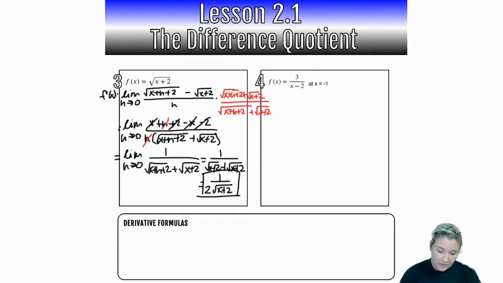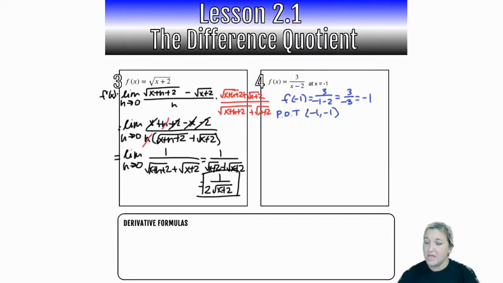So what we're going to do first on ones like these is find the functional value first. So I'm going to find f of -1 first. That's going to be 3 over negative 1 minus 2. So that's 3 over negative 3, which equals negative 1. So my point of tangency is going to be negative 1, negative 1.